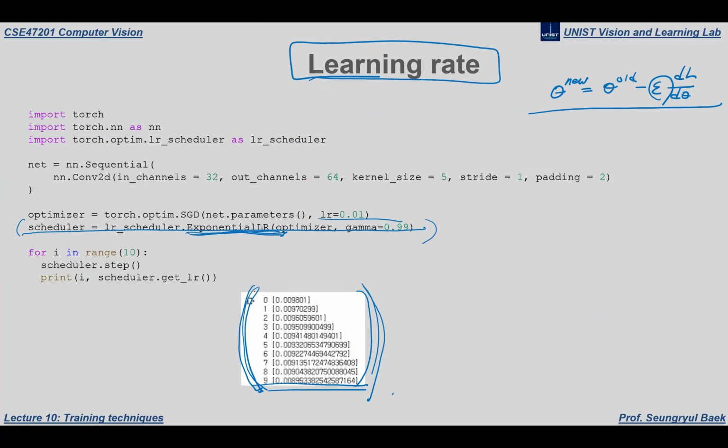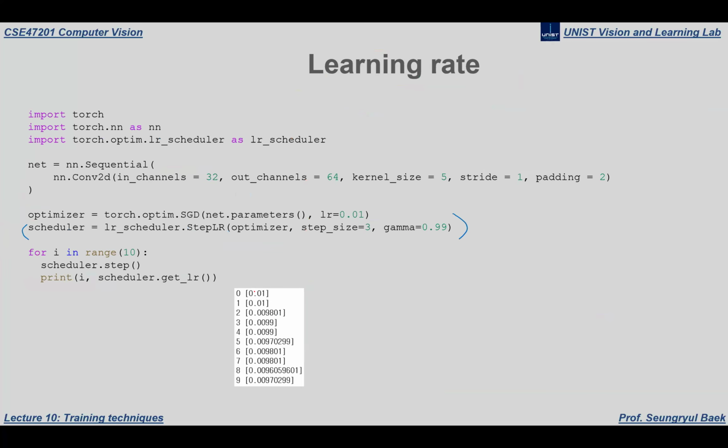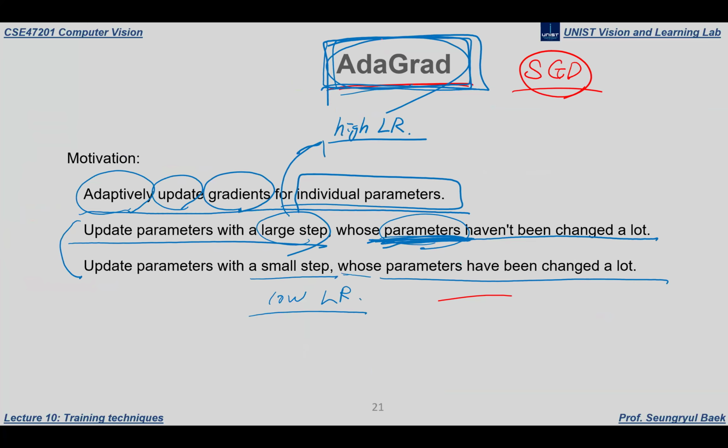That works actually, but on the optimizer side, there are other algorithms that incorporate some consideration of the learning rate, so they can adaptively update the gradient. For parameters which haven't changed a lot, we may have to update them in the later epochs.